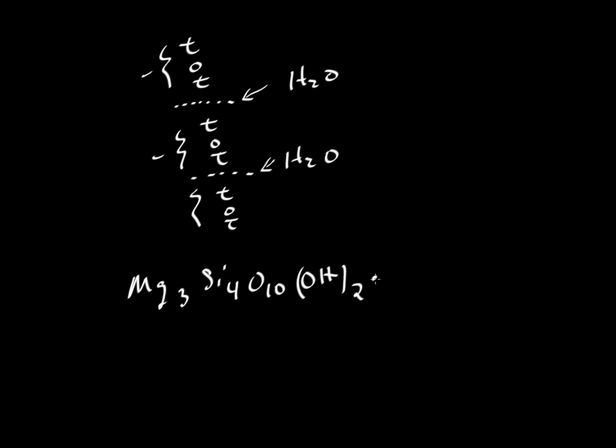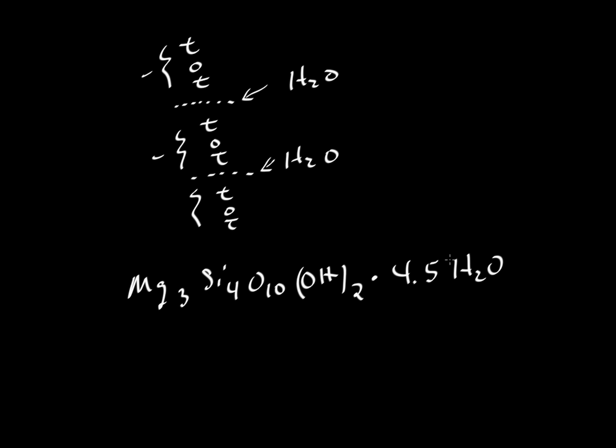Then we're going to draw a dot. That dot represents that we're bonding two molecular units. So we have this molecular unit here, the talc unit, and it's going to be bonded to, on average, about 4.5 H2O molecules. That is also molecularly neutral, but there are unsatisfied bonds here.